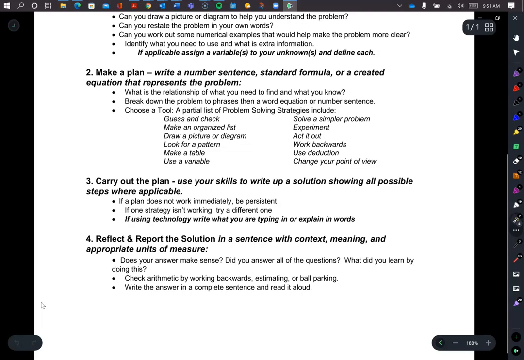You can also take your result and plug it into your equation, or better yet, plug it back in to see if it makes sense in the original word problem itself. Write the answer in a complete sentence and read it aloud. I mean, you don't necessarily need to read it aloud, but sometimes when you say something out, it just makes more sense to you.